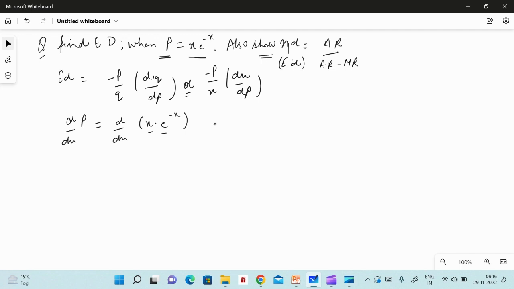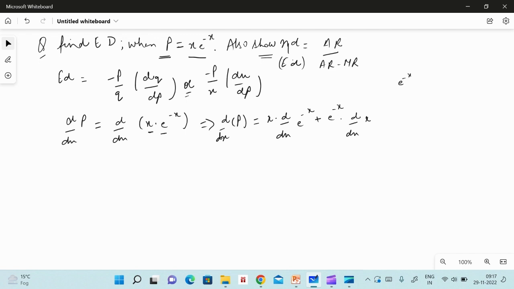Whenever we go for the product rule, the derivative of p with respect to x is equal to x into the derivative of e power minus x plus e power minus x into the derivative of x, right?